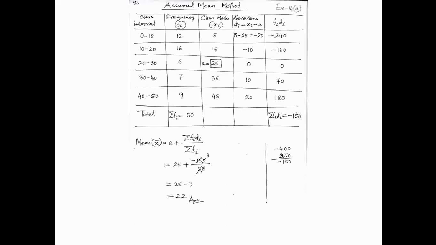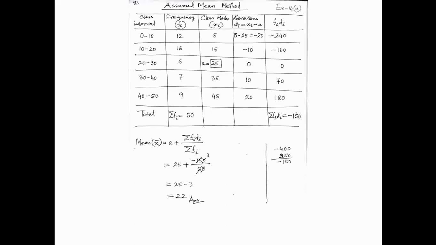Then below, 0 plus 70 plus 180, you will get plus 250. Again plus minus minus, so you have to subtract. So you will get minus 150. So ultimately in this calculation of the total sum, sigma fi di is minus 150.